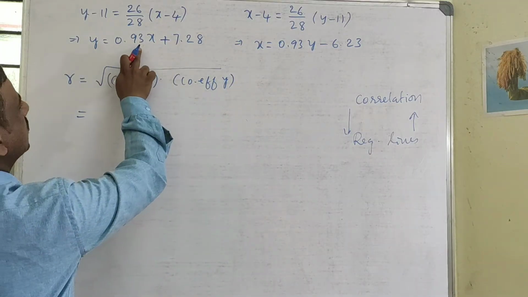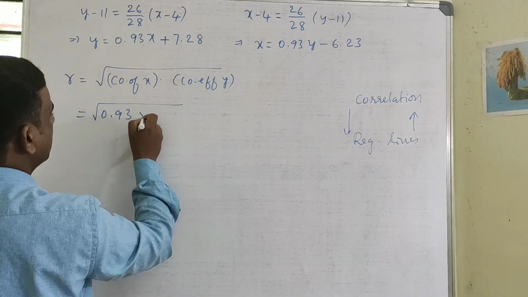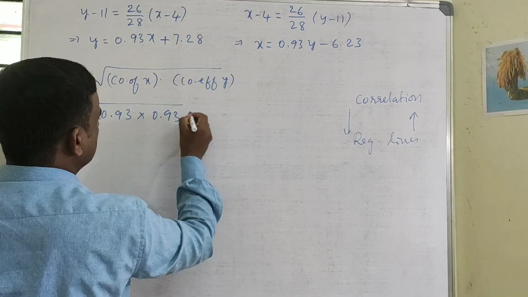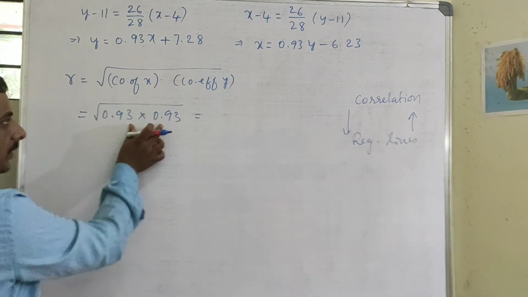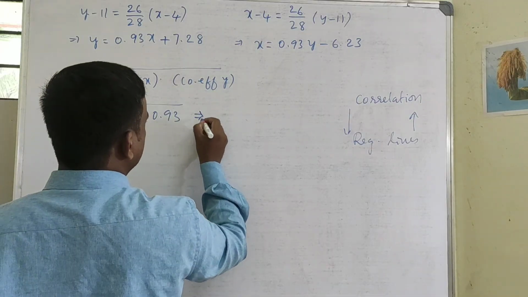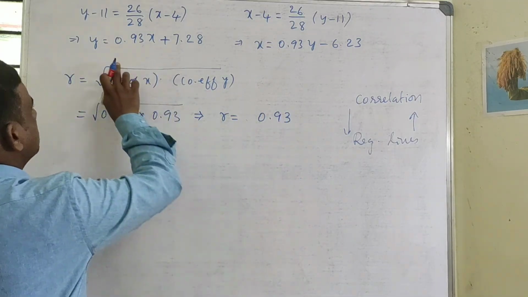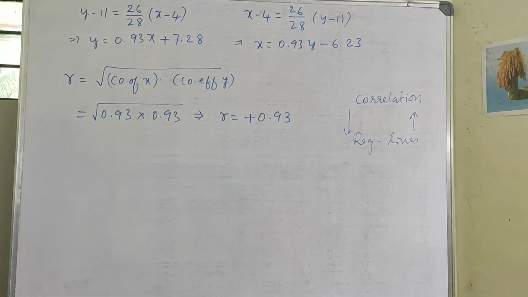Here the coefficient of x is 0.93, into the coefficient of y, which is 0.93. So 0.93 whole square within the square root. The square and square root get cancelled, and we get r equals 0.93. Since both coefficients are positive, we take r equals plus 0.93.